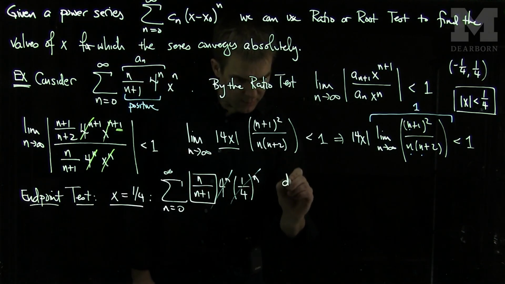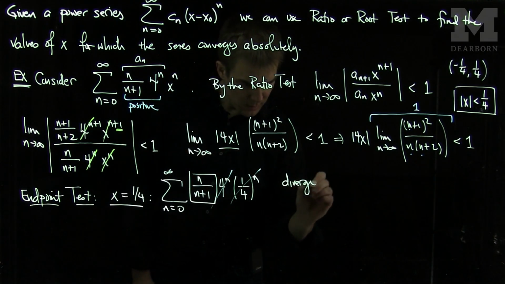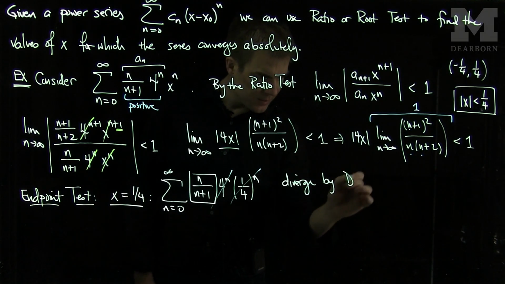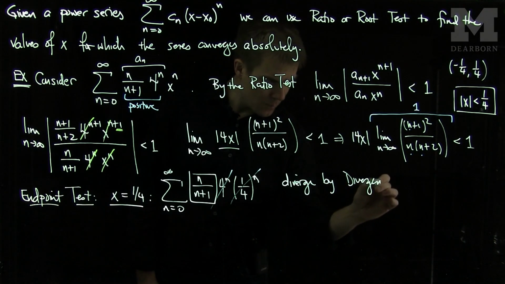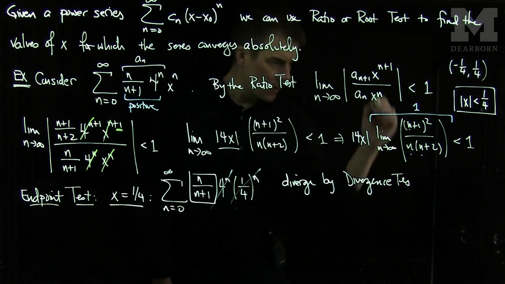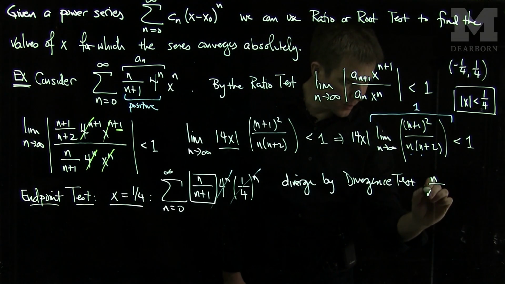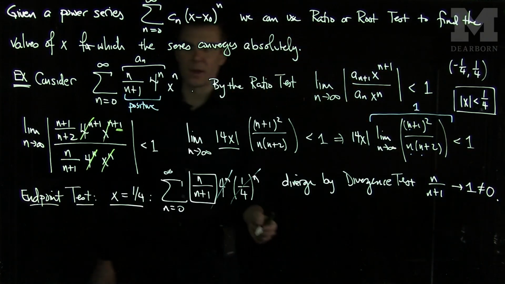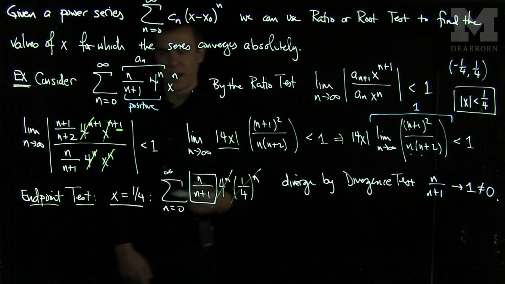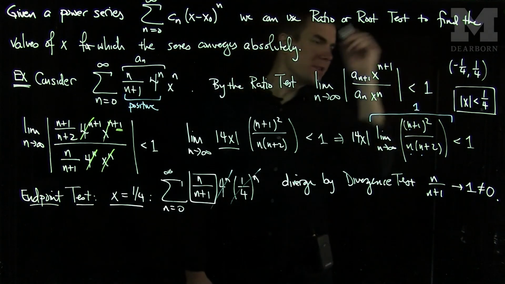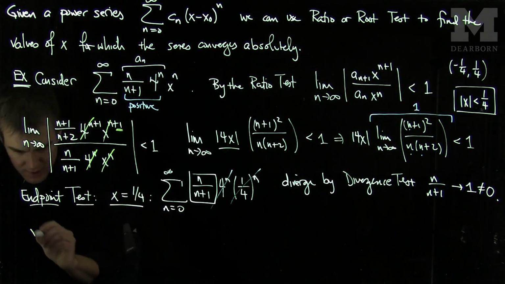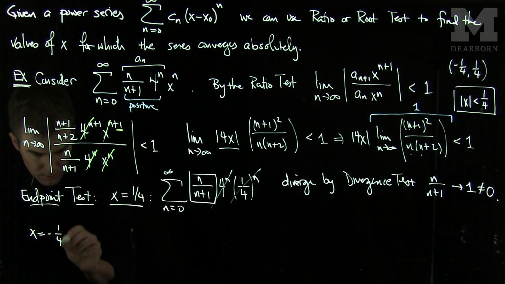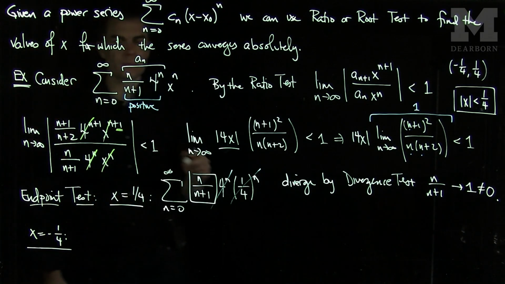This series diverges by the divergence test, as n over n plus 1 converges to 1, and that's not equal to 0. Then we plug in the other endpoint, x equals negative 1/4. What series will we have?